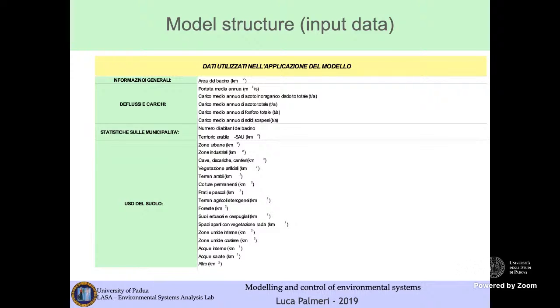So the input data concern general information, for example, areas of the sub-basins in square kilometers, flows and loads, so annual average discharge, annual average loads of dissolved inorganic nitrogen, annual average loads of total phosphorus, annual average loads of suspended solids.